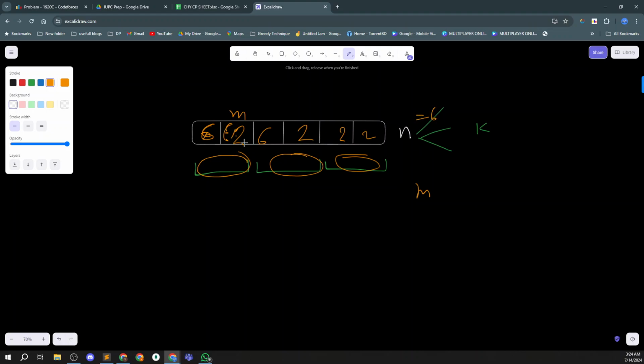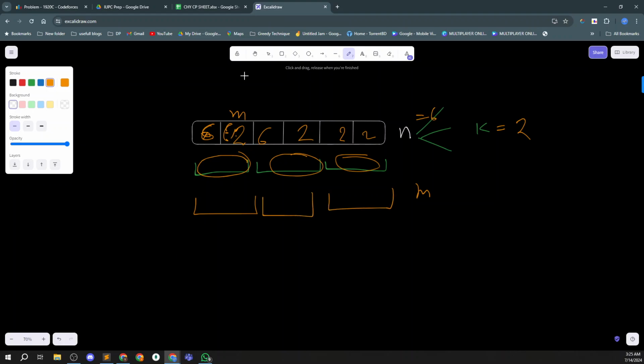If we take the divisor 2, then the subarray length will be 2.